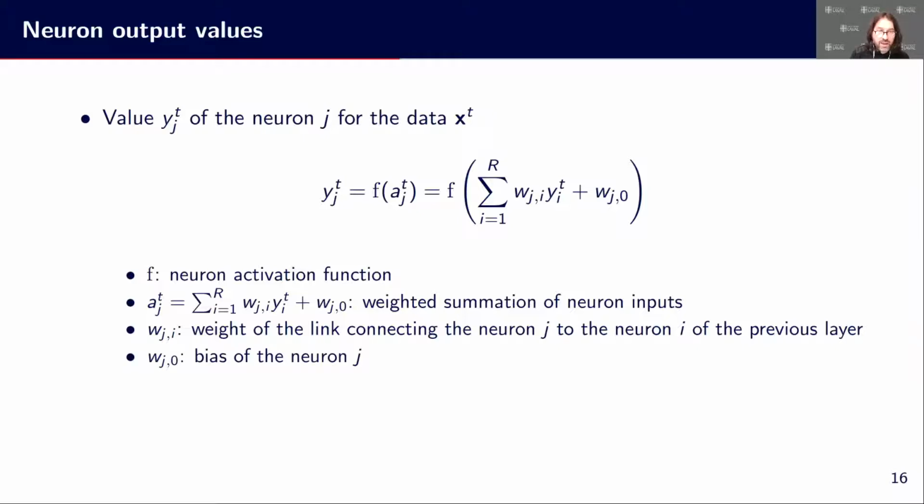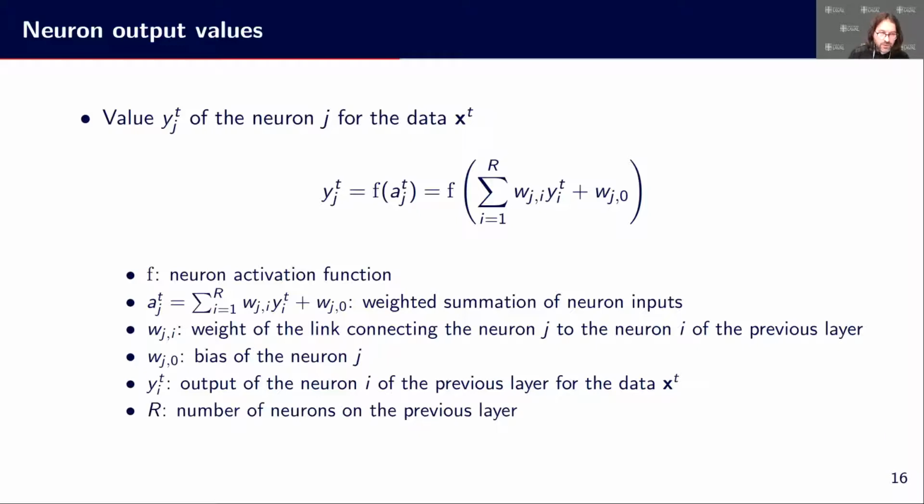Then we have the bias w_j0, which is the bias of the current neuron j. And y_i^t is the output of the neuron i on the previous layer for the given data x^t. We have R neurons on the previous layer, which depends on the neuron each time.